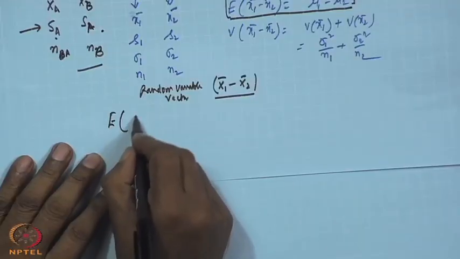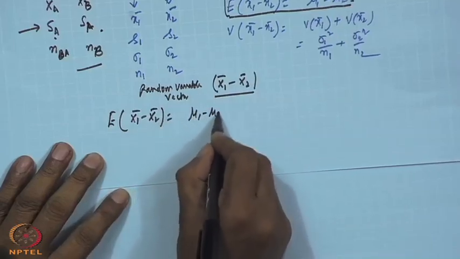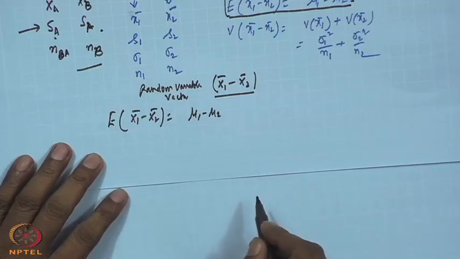What I said? Expected value will be this for the univariate case. The multivariate case will also be the same thing, but only in vector notation. So the expected value of x1 bar minus x2 bar is nothing but mu 1 minus mu 2. How many variables are there? There are p variables.